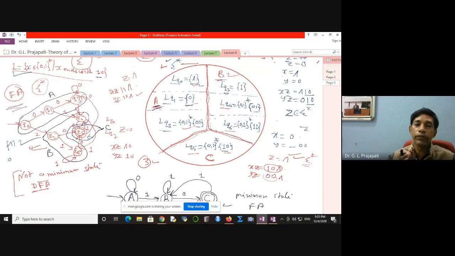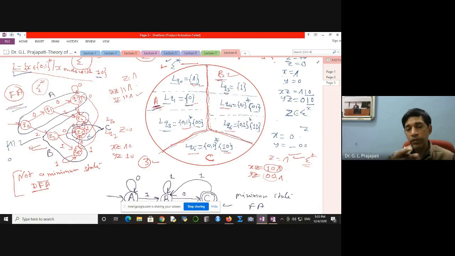So for some given language, if you identify n equivalence classes, then you can construct the FA for that language having n states. It is not possible to construct the FA with fewer than n states.